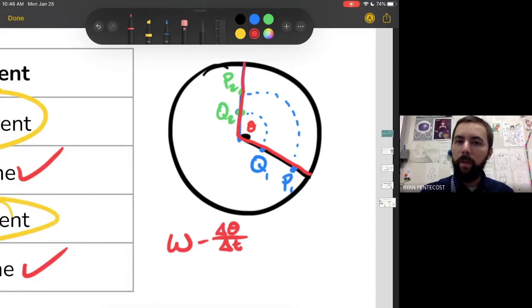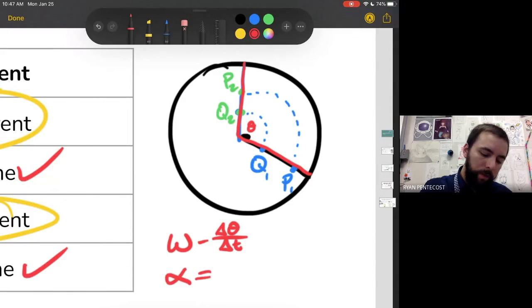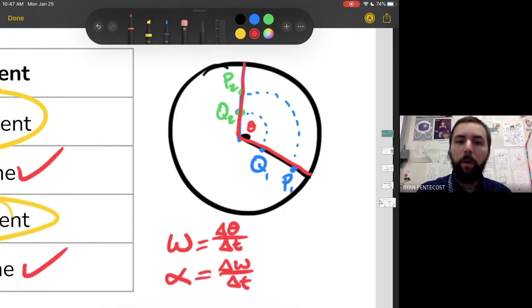So that means their delta theta was the same, and their delta t is the same. So therefore, their angular speed would be the same. Then alpha is the change in omega over delta t, and they have the same omega, the same angular velocity, which means they're also going to have the same angular acceleration, right? If they have to change their angular speed, they have to do it at the same rate.